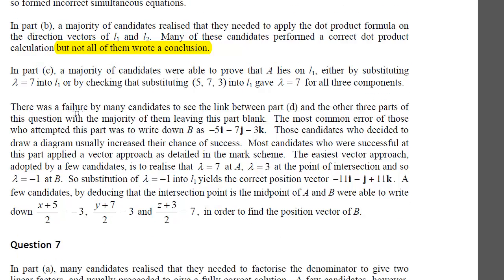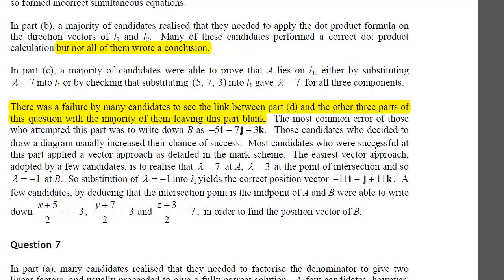There was a failure by many candidates to see the link between part D and the other three parts. This is essential. When you get to the end of the question, it might not be a vector question, but it would be connected to the other parts. So you try to follow the story. When they say by many candidates, they're talking about a lot of people. So try to follow this instruction.